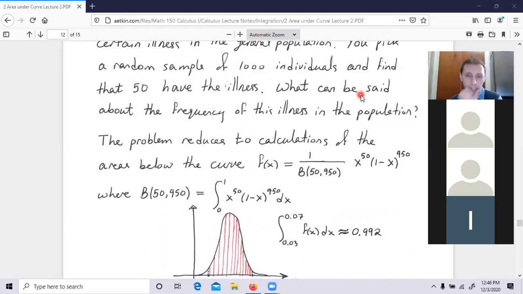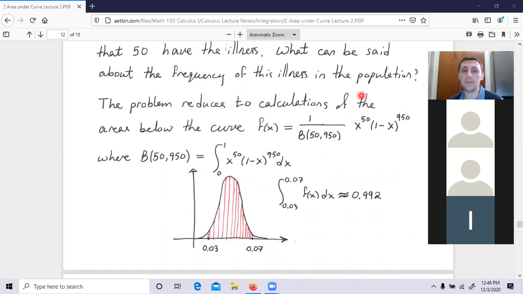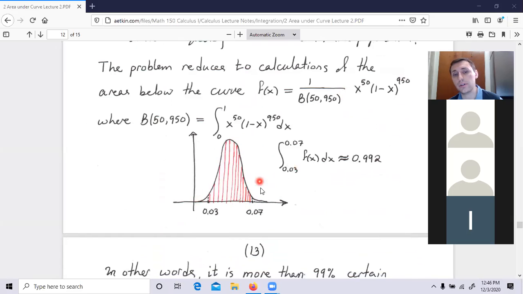It happens to be, I cannot explain to you exactly why now, calculated by the beta distribution, which will be the area under the curve of x to the 50, 1 minus x to the 950. The 50 are the 50 people that you tested. And that would be this curve.